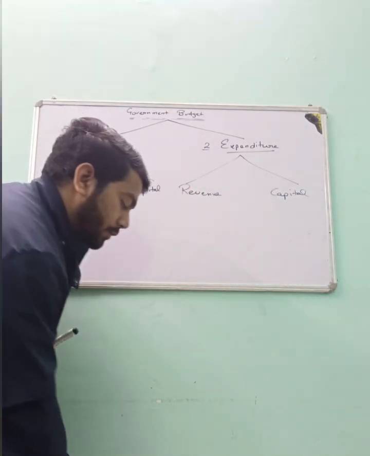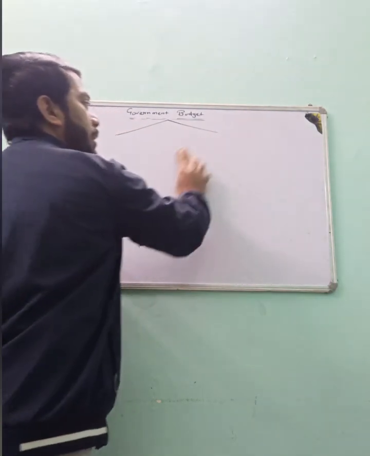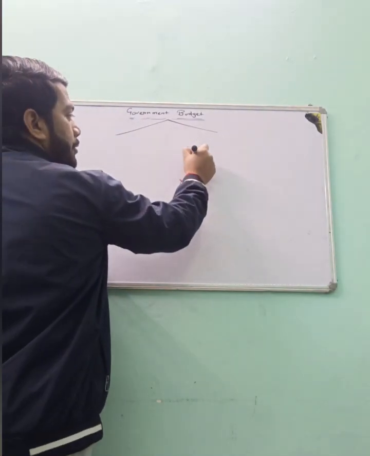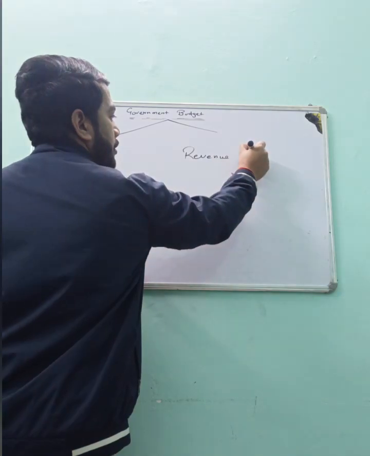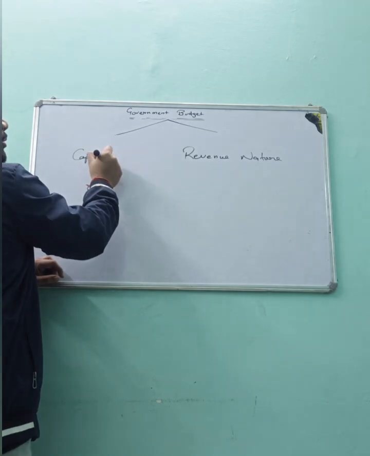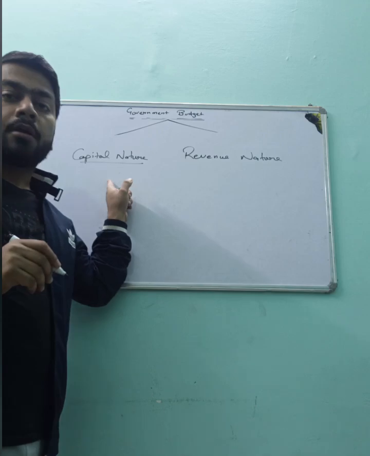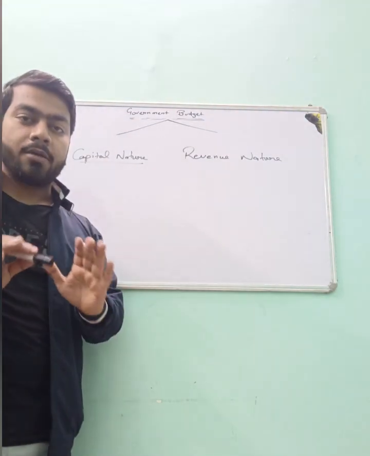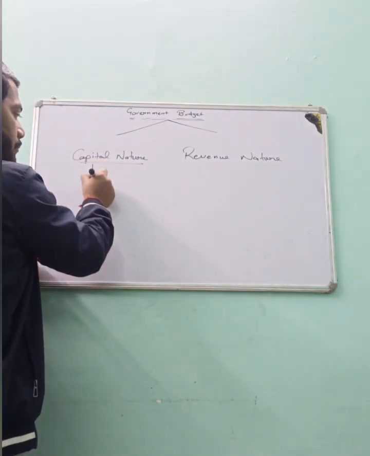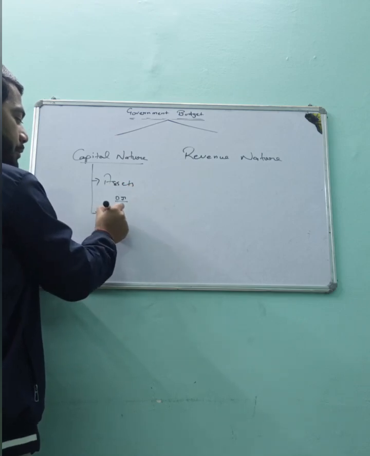So now we have to know the meaning of revenue and capital. Revenue nature and capital nature. So what is revenue nature and what is capital nature? Capital nature includes all those items which affect assets and liabilities.